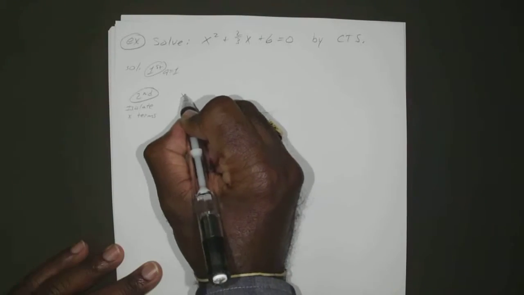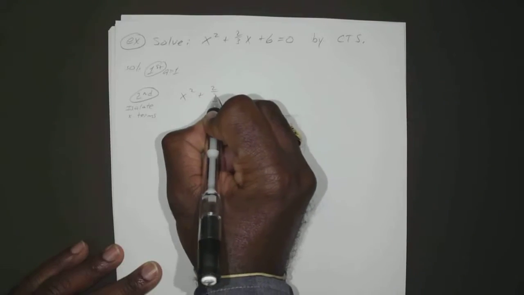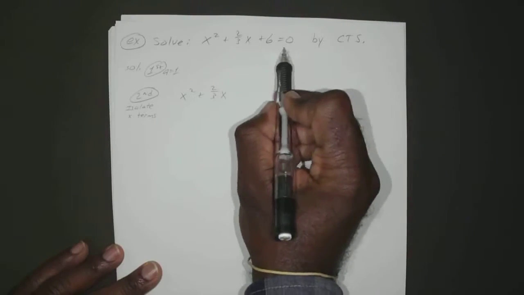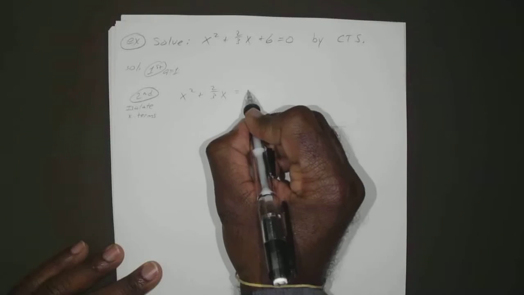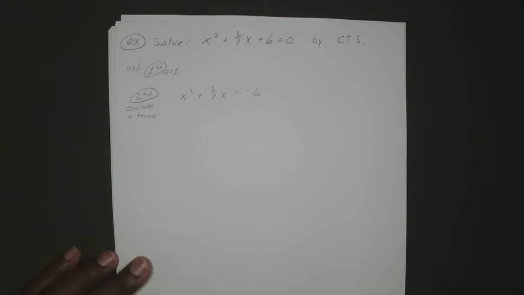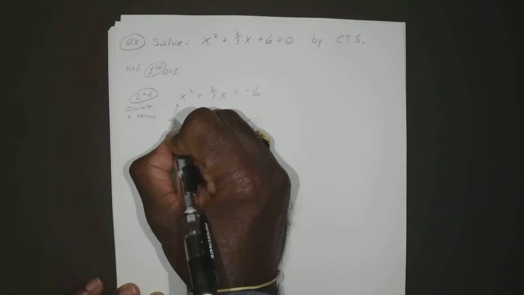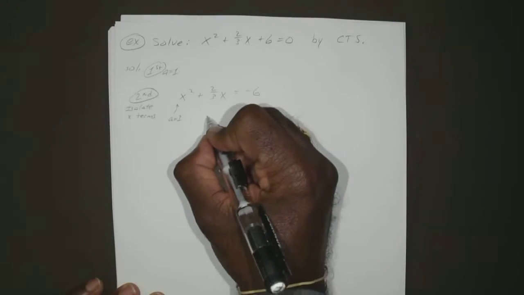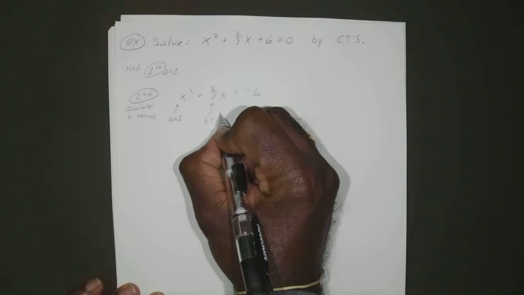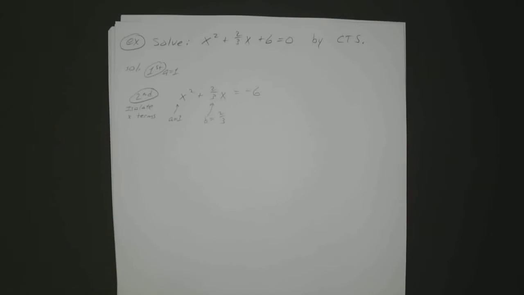Okay, so that means we have x squared plus 2 over 3x. If we subtract 6 from both sides, it's going to equal negative 6. We know our A is equal to 1, and our B is equal to 2 over 3.